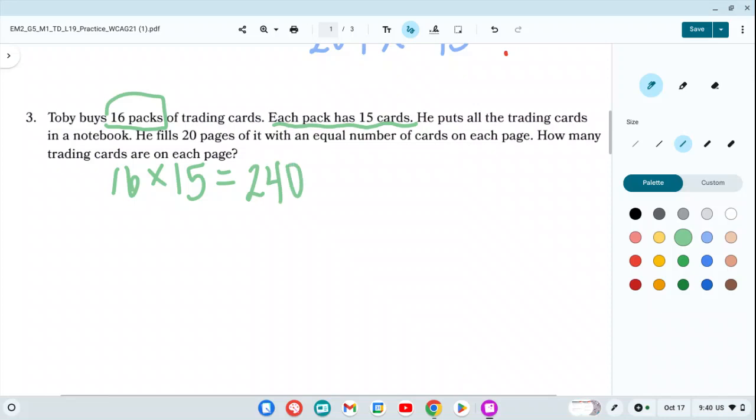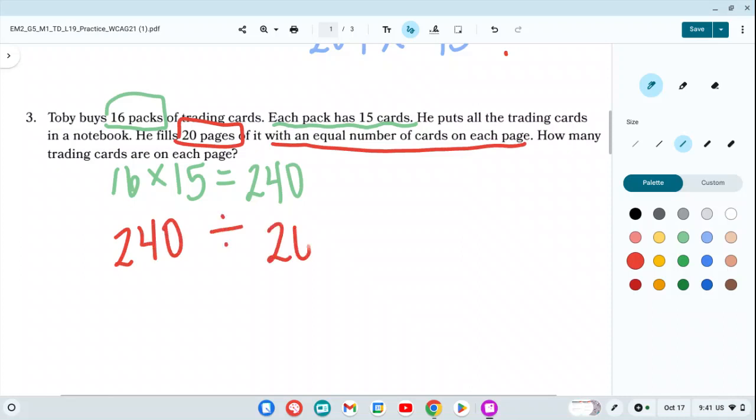But we're not done yet because we also know he's going to fill 20 pages of his notebook with an equal number of cards on each page. So if we have 240 cards being split among 20 pages, I need to figure out how many cards go on each page. So please use a strategy for division to solve.